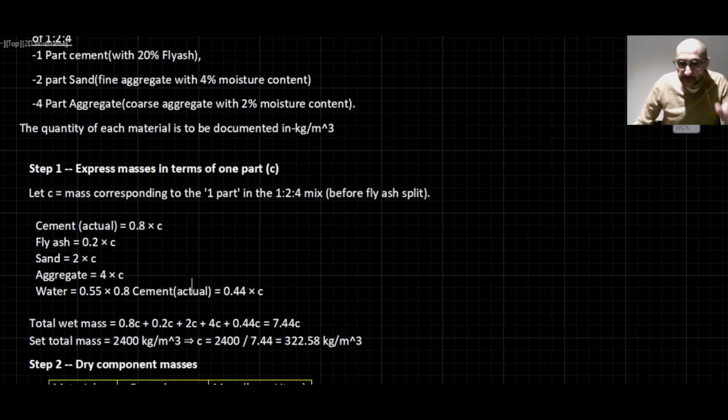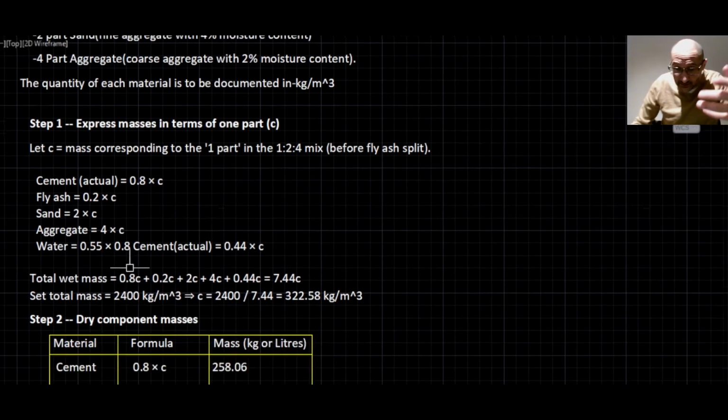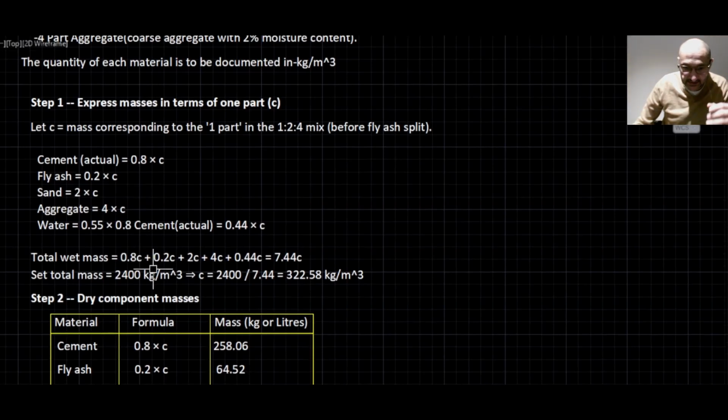The total wet mass, which includes the water, will be 0.8 C plus 0.2 C, so 0.8 C is the cement, 0.2 C is the fly ash, and then 2 C is the sand, 4 C is the coarse aggregate, and then 0.44 C is the water.